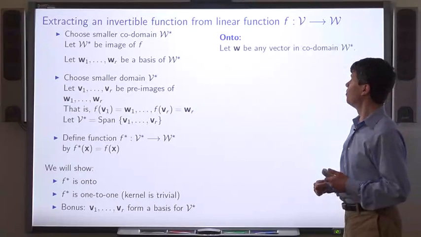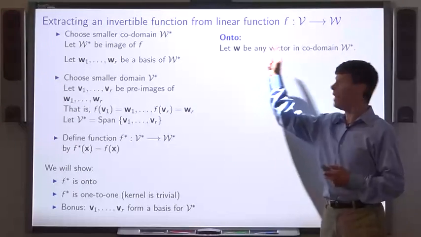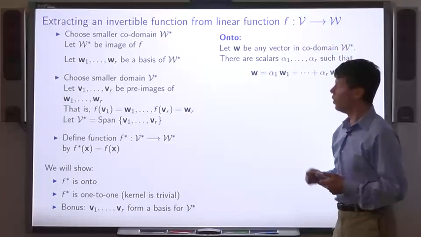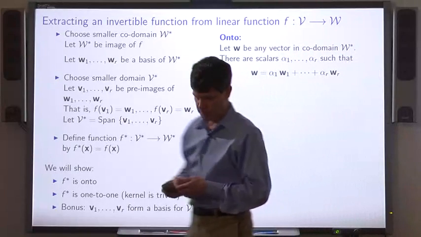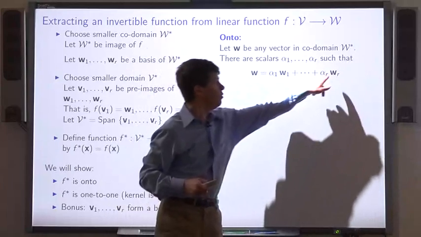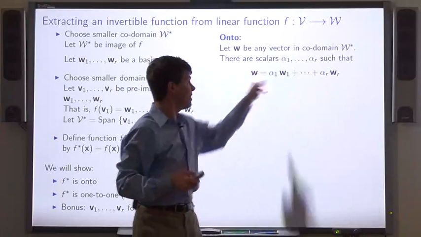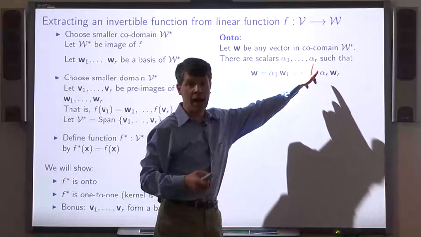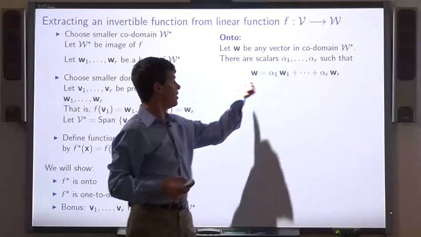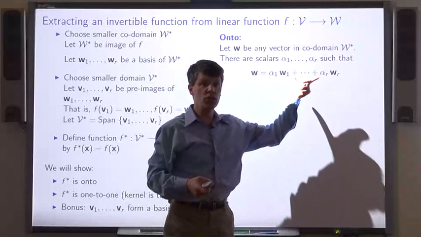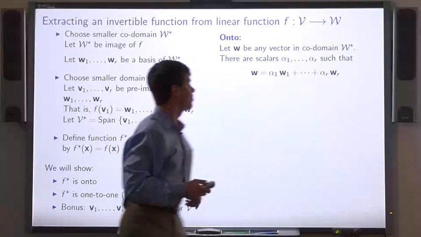First, let's look at onto. Let w be any vector in our new codomain W star. Well, because w1 through wr form a basis for W star, there exist scalars alpha 1 through alpha r such that our vector little w can be written as a linear combination with those scalars as coefficients.